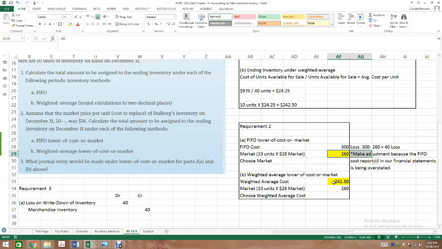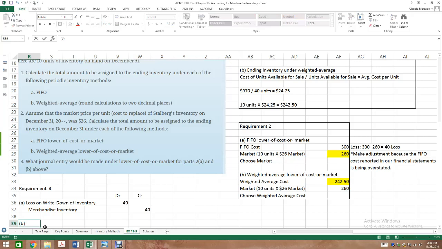You want to be conservative, so we always use the lowest cost. In this case, my lowest cost is the weighted average cost. Because I am choosing the weighted average cost, I do not have to do any entries here.